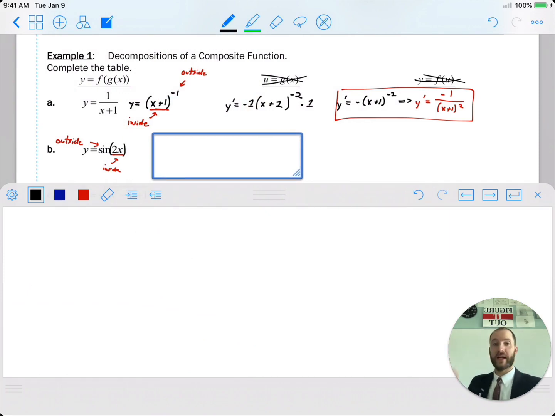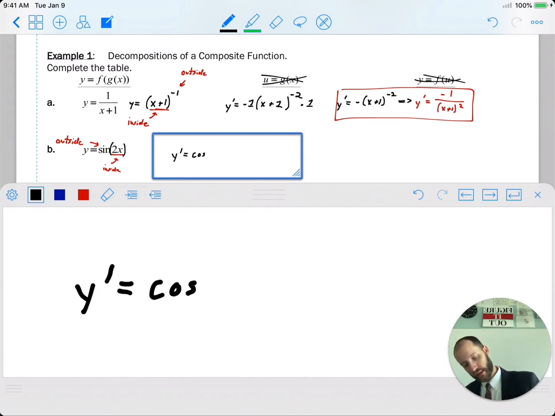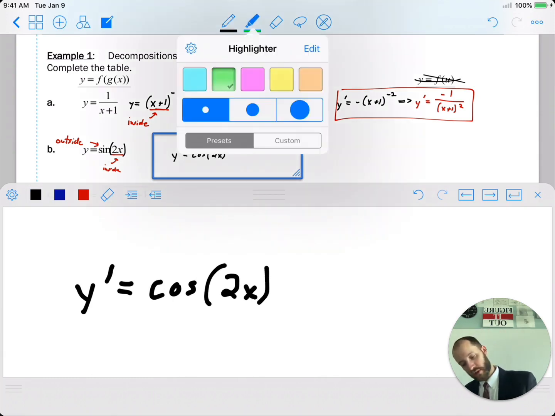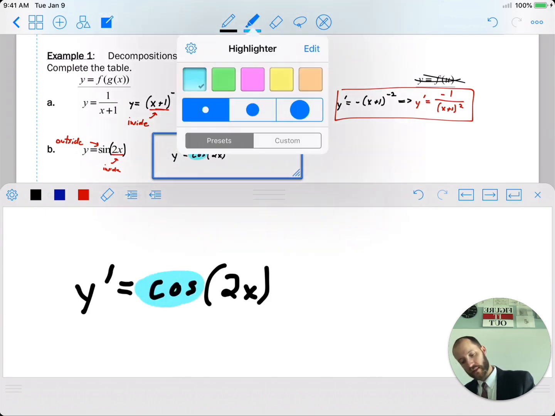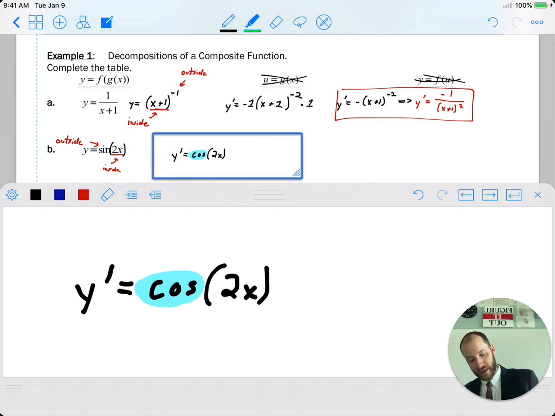So let's go ahead and evaluate this using the chain rule. Y prime is derivative of the outside, so derivative of sine is cosine. Then leave the inside alone. So we have derivative of the outside, and then we leave the inside alone.